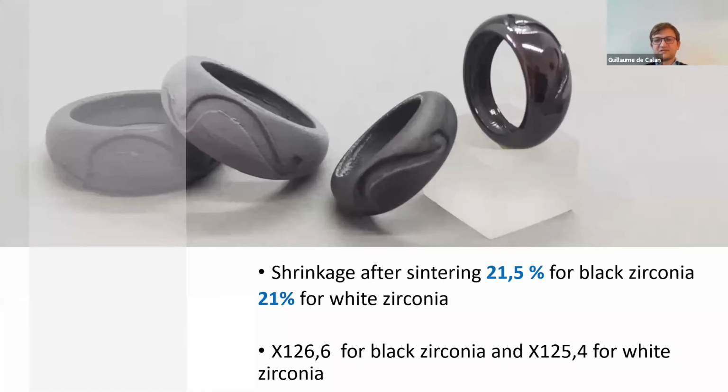Roughly 21.5% for zirconia, 20% for white zirconia. Be careful: when we say 21.5, that means on a part of 100 millimeters, you will go down by 21.5. So when you do it the reverse way, if you want a part that measures 100 millimeters, you need to multiply the size of your part by 126.6 for black and 125.4 for white.